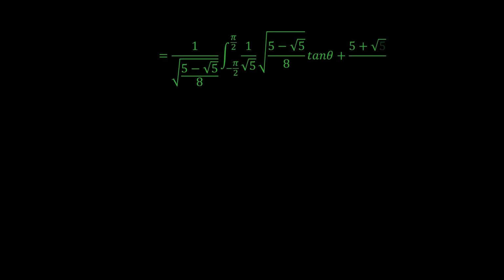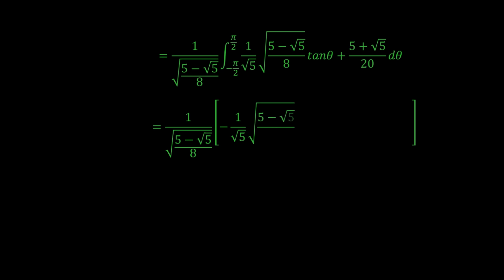Looking at the previous integral, we now know how tan theta evolves. Tan theta can be integrated to the natural log of cosine theta, and we already know that with the limits of negative pi over 2 and pi over 2, this tends to 0.